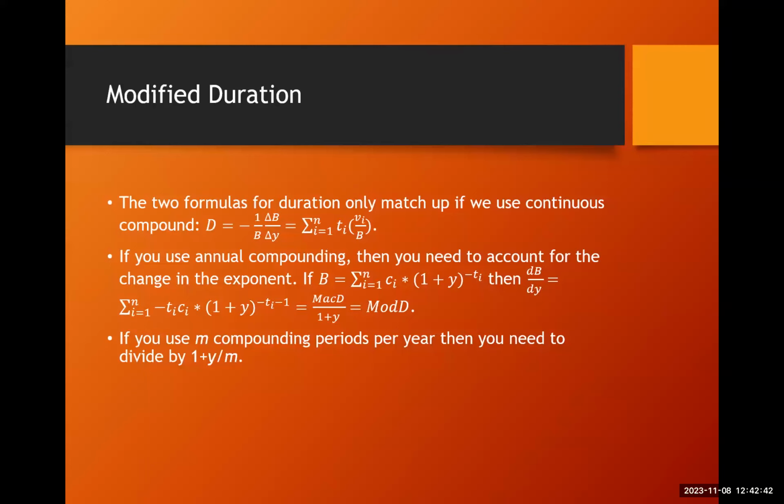So an adjustment term of 1 plus the yield is added in order to make it so that they have the same representation. That 1 plus the yield allows us to take the derivative and have it be the same weighted sum as with the Macaulay duration.